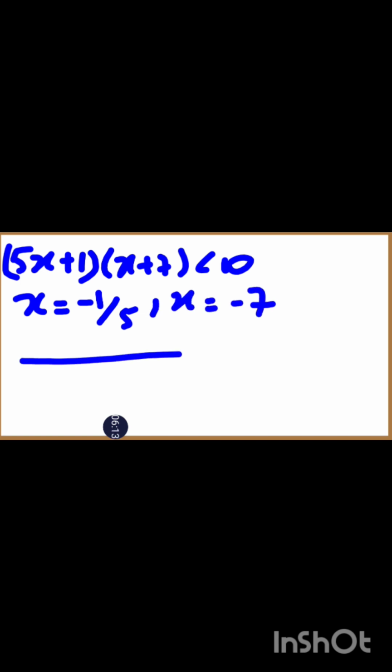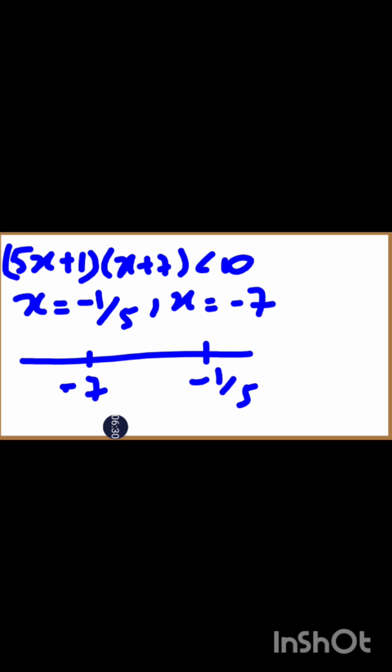The critical values for which this will be 0 are negative 1 over 5 and negative 7. You put the smaller one to the left. Take note that negative 1 over 5 is greater than negative 7. Now you take a number which is less than negative 7.